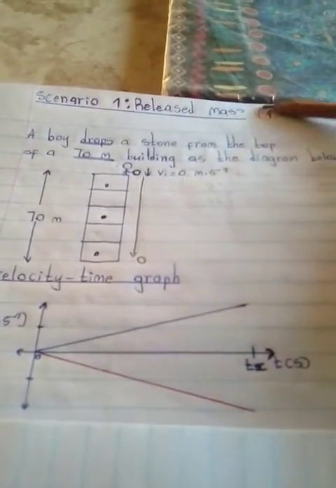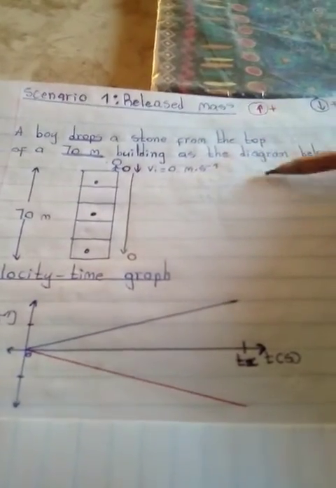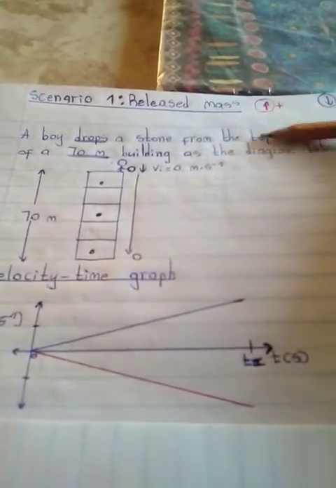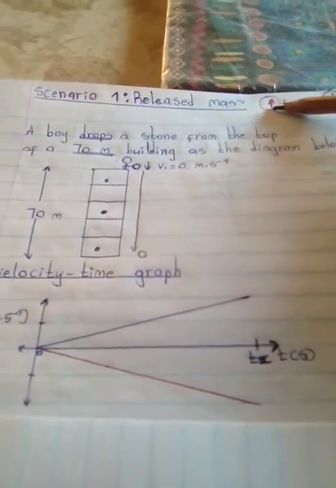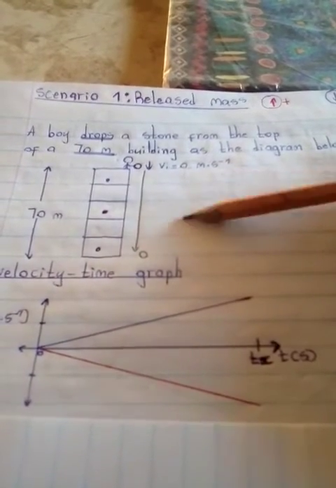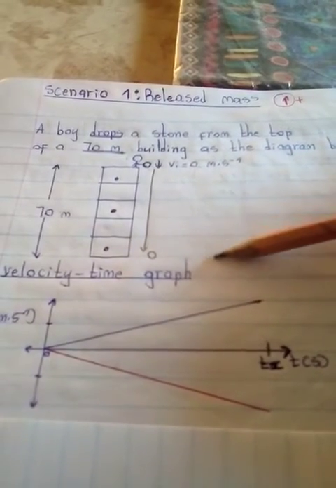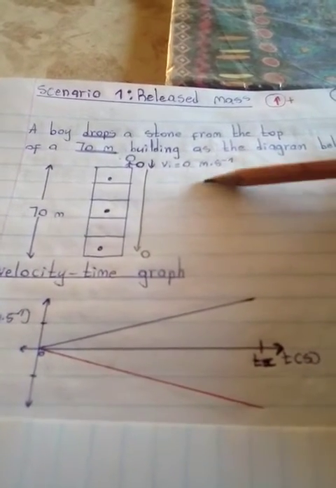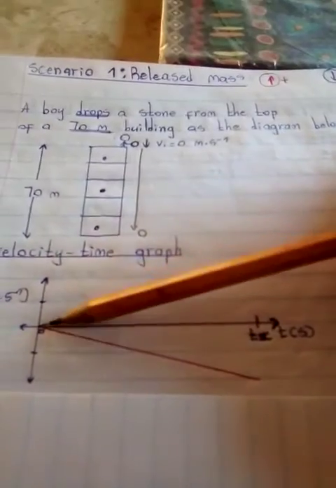The red line here represents when you choose upwards as your positive direction. The velocity of the stone will go opposite to your choice of direction, so it will experience negative velocity.